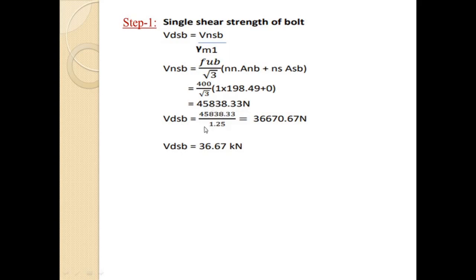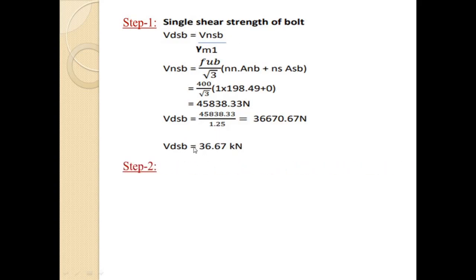And by dividing by gamma m1, that is 1.25, we get the design shear strength of bolt in single shear, that is 36,670.67 Newton, converted into kilonewton, VDSB is equal to 36.67 kilonewton. So this is the value of VDSB, the single shear strength of bolt. Here the shearing plane is only one, therefore we are calculating the single shear.